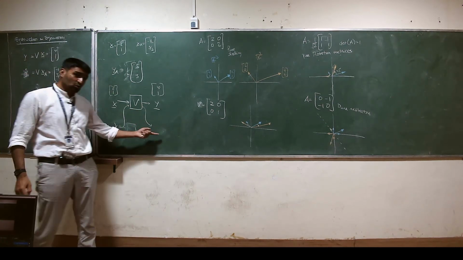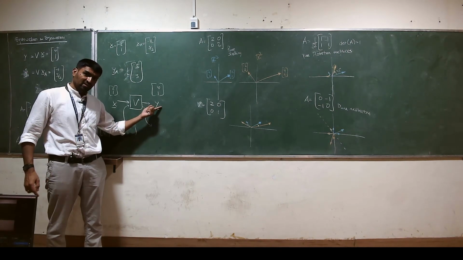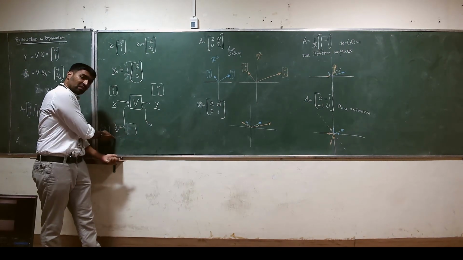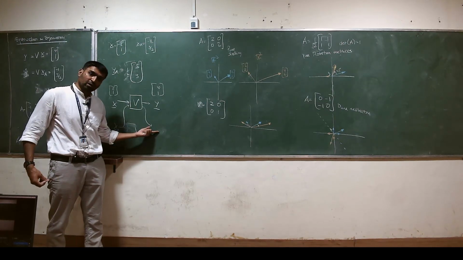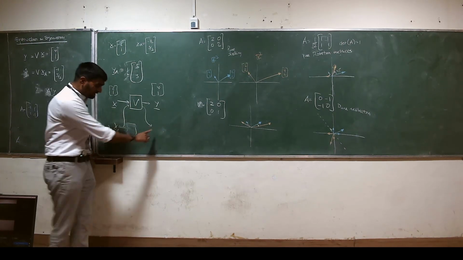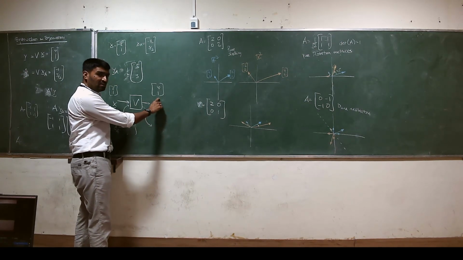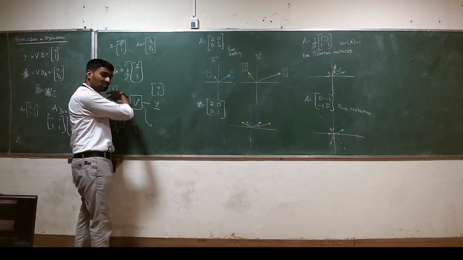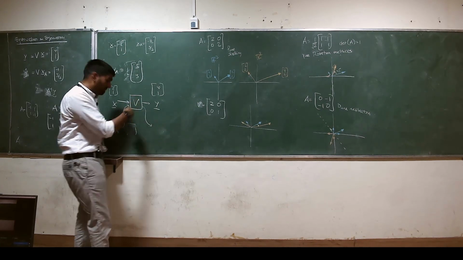What I would expect to get here is the representation of Y in the A basis, because my input was in the A basis, so I expect my output to also be in the A basis. So what I should get here should simply be Y, 4, 1, represented in the A basis. Okay, the representation of Y in the A basis is what? In terms of the matrix A and Y.